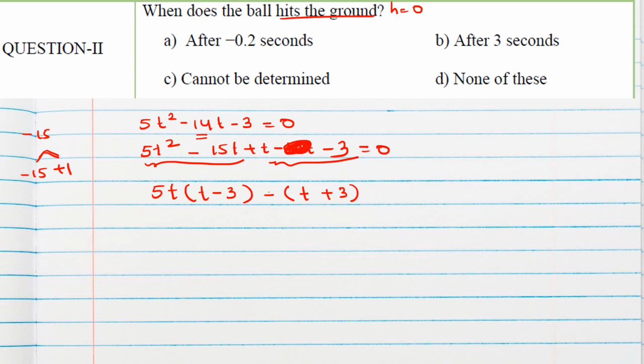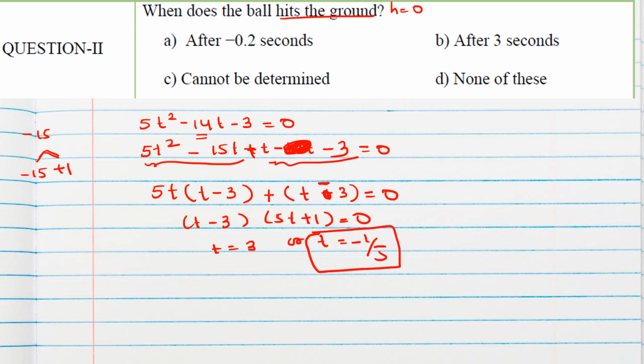This is plus only, so plus 1 will be common. So it will be t minus 3. So t minus 3 is common and 5t plus 1 will remain. t equal to 3 or t equal to minus 1 by 5. Negative is not possible in our case. So t equal to 3. After 3 seconds the ball will hit the ground. After 3 seconds means option number B.